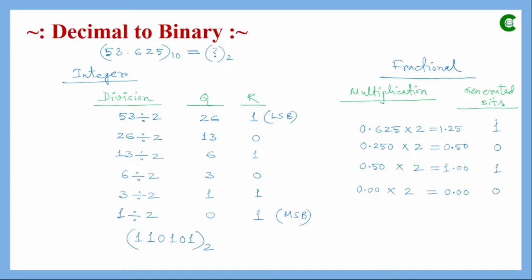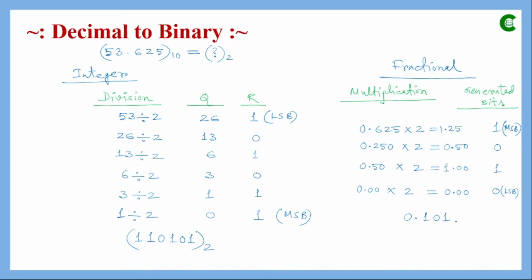Now whatever digits or bits we have received here, we will write. And what is the rule of writing here? This will be considered as our most significant bit of the fractional part, and this will be considered as the LSB or least significant bit of the fractional part. So the equivalent fractional part will be 0.101, since this is our most significant bit.